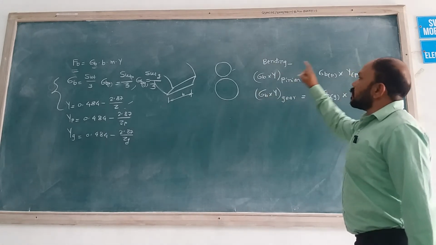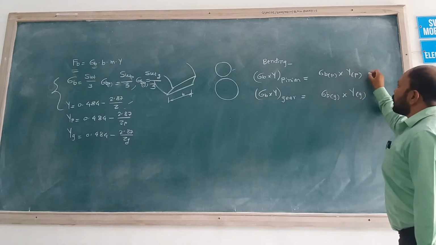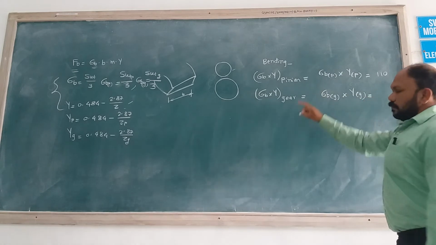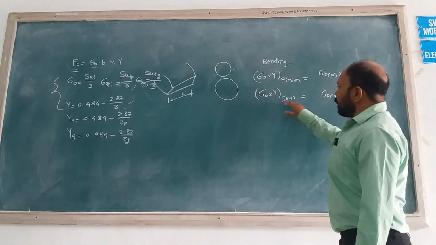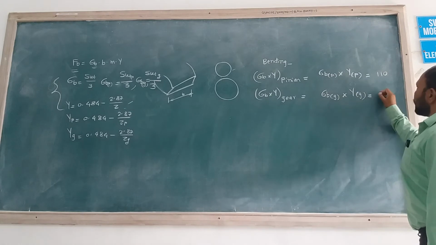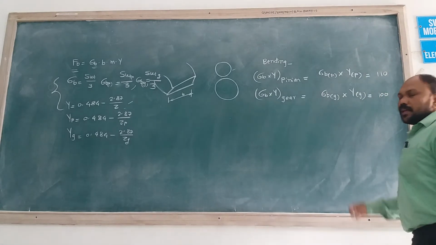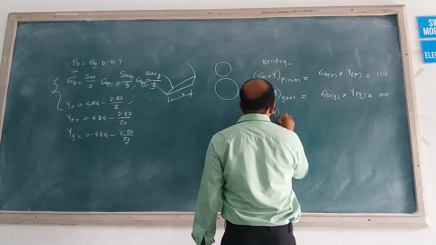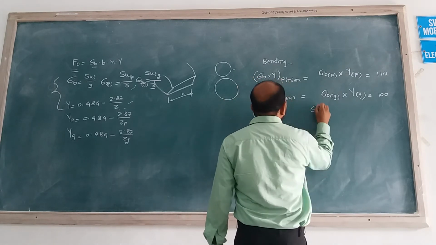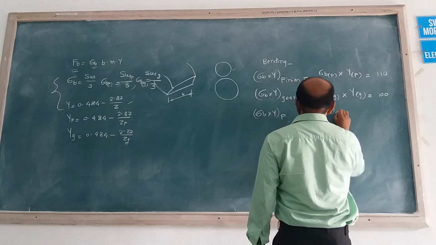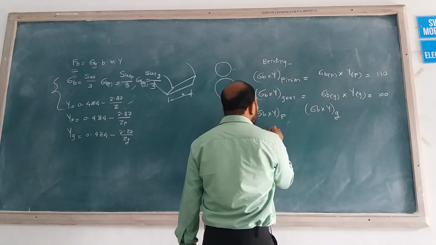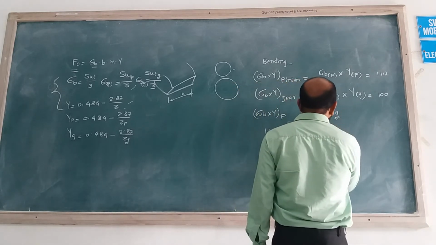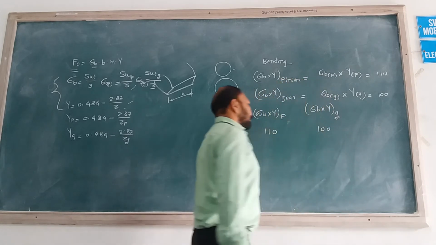We substitute the sigma bp value and Yp value here. Consider this answer becomes 110. Then we find sigma b into Y for gear. Consider this value becomes 100. Compare both the answers: sigma b into Y for pinion is 110 and sigma b into Y for gear is 100.